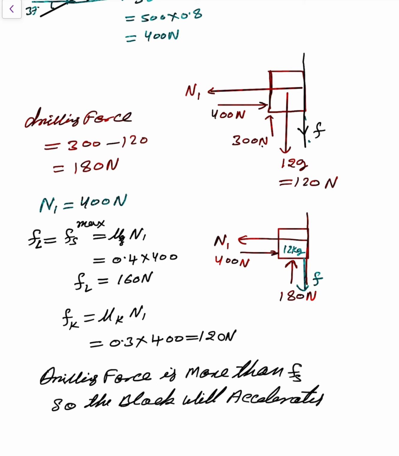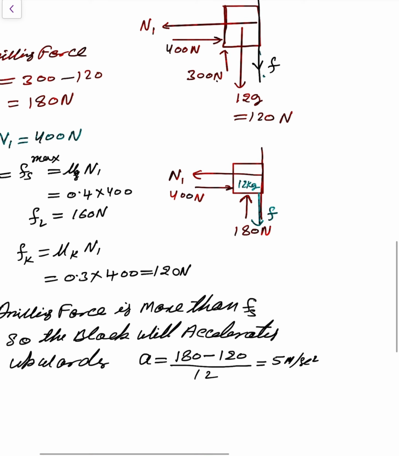Upward. Okay, so what about acceleration? Driving force is how much? That is 180, and that time kinetic friction is 120, mass is 12. So 180 minus 120 is 60, 60 by 12, so 5 meter per second square. In which direction? Upward.